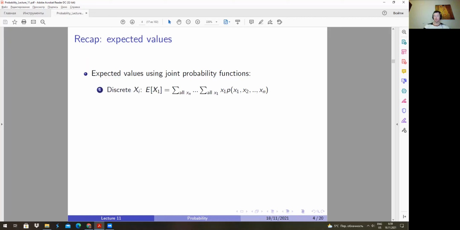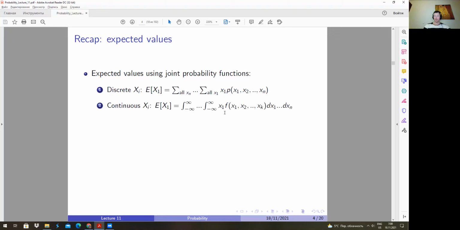So for, let's say, variable x1, the expectation is the sum of this product x1, so all values of x1 multiplied by the joint probability function. So now the summation occurs over all variables, all x1, all x2, all x3, up to xn.